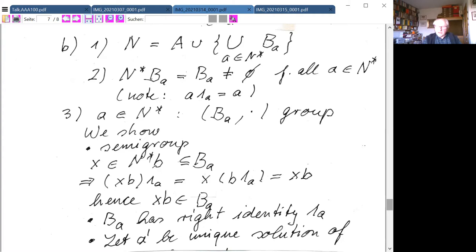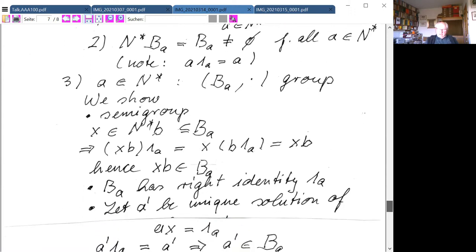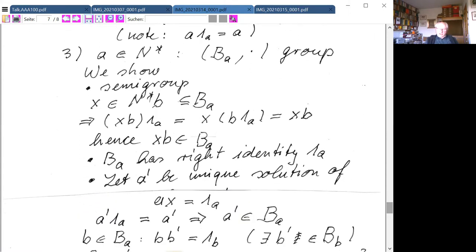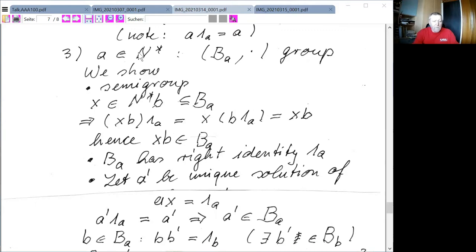And the third and much more important thing is for A in N star, the B sub A under usual multiplication in N is a group. We will show it's closed under multiplication. It's a semi-group. Second, it has a right identity, and it has a unique right inverse, which is sufficient to prove that it is a group.